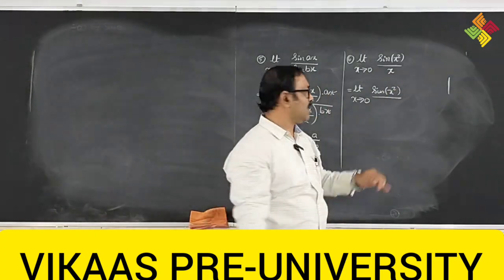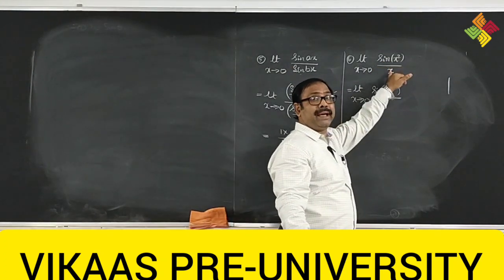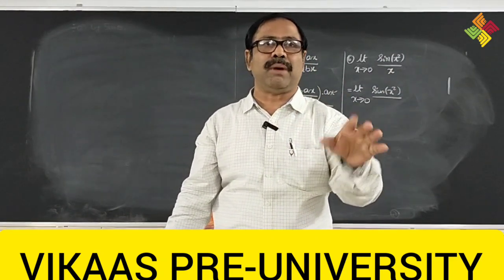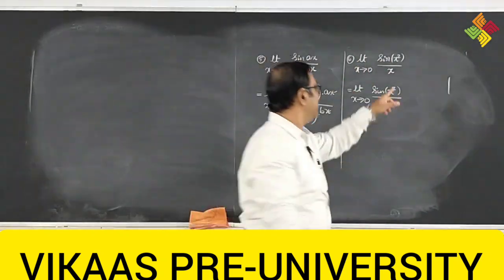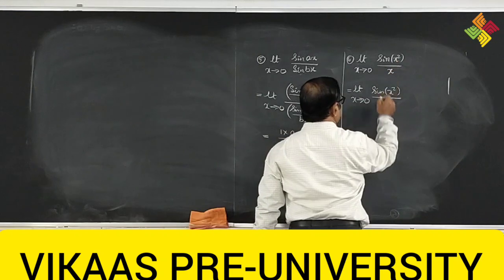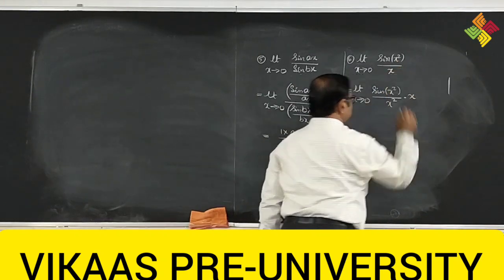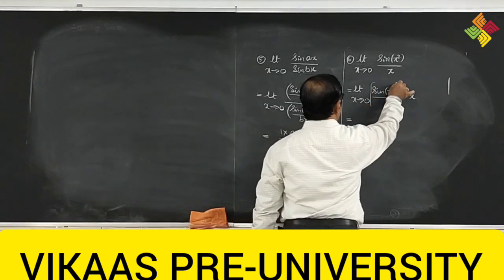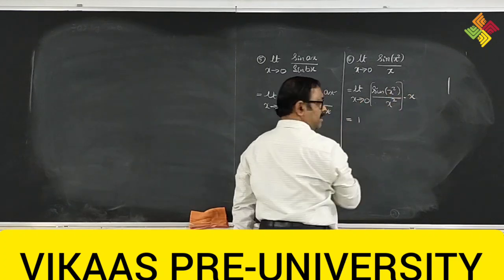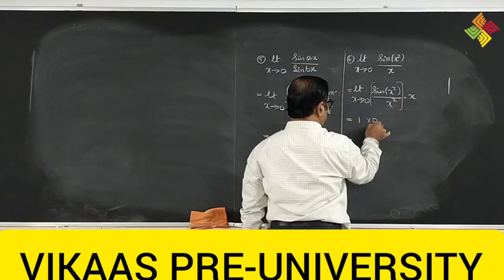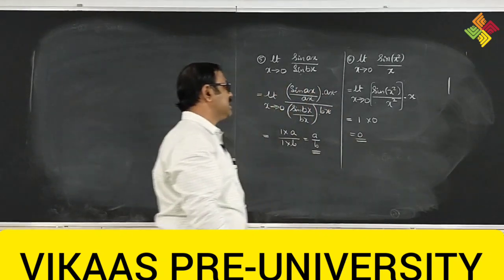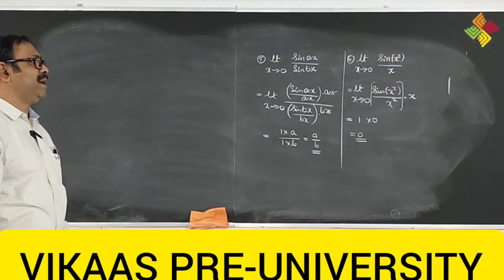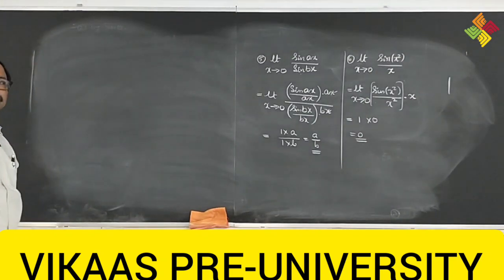According to the rule, what is required is sin of x square by x square. But x square is not there, so multiply by x and divide by x. Now apply the limit. It becomes 1 into x, which is 0. Therefore, the answer is 0: sin of x square by x square into x. Follow the method.